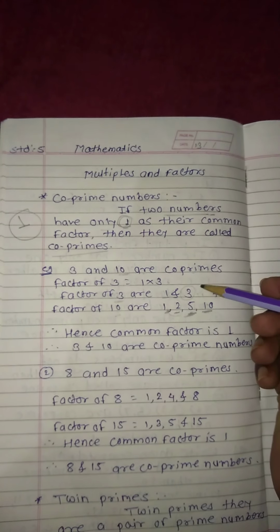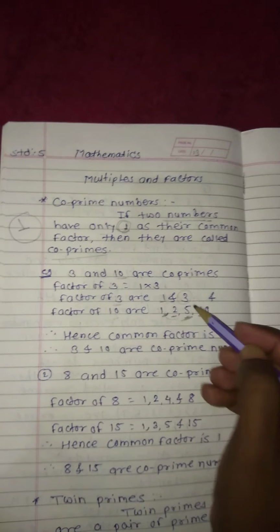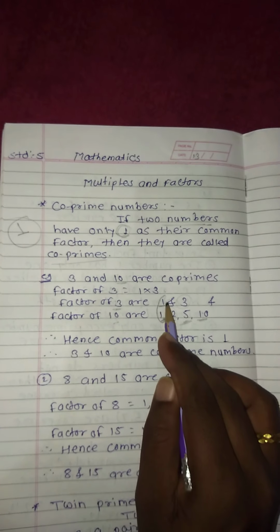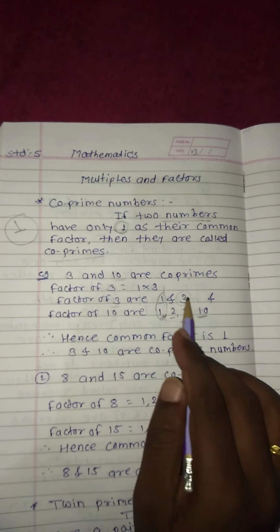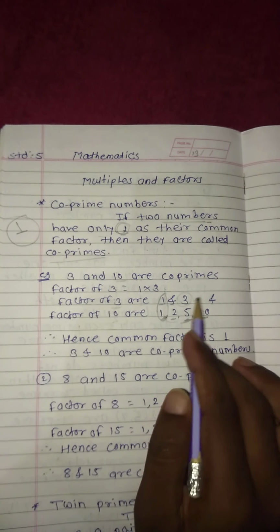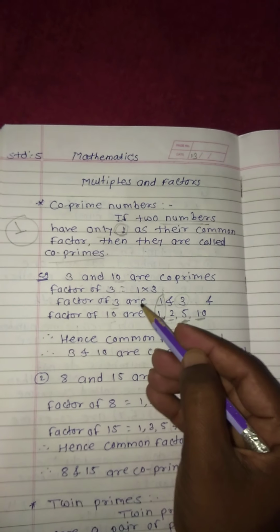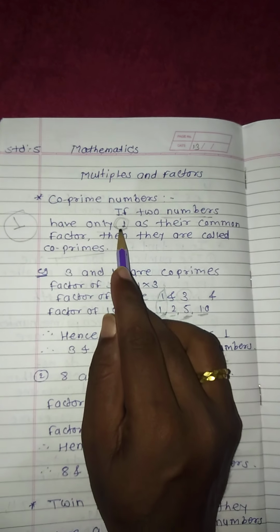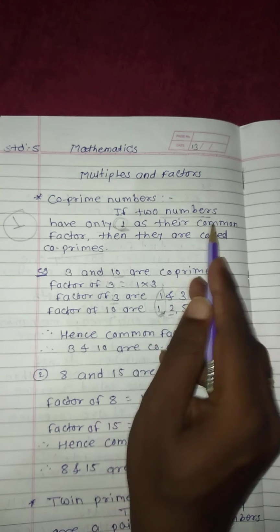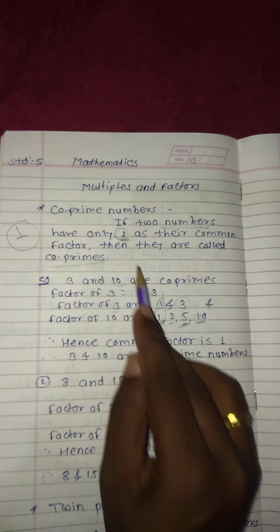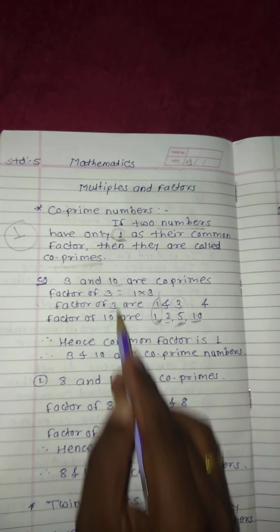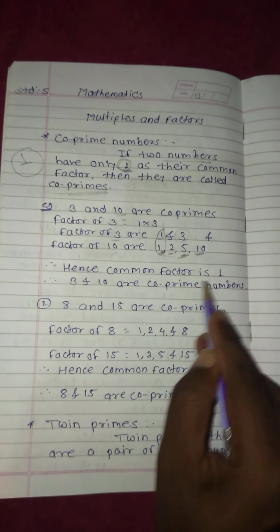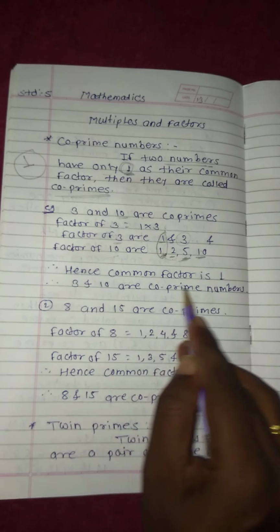Now observe these factors of 3 and 10. Here 1 is the common part, but after that no other numbers are common in these two lists. So we can say that 3 and 10 are co-prime numbers: if 1 is the only common factor, then they are called co-prime numbers. Hence, since the common factor is 1, 3 and 10 are co-prime numbers.